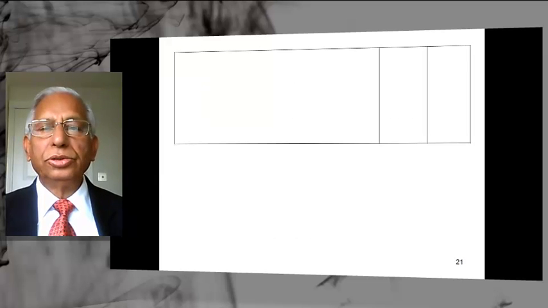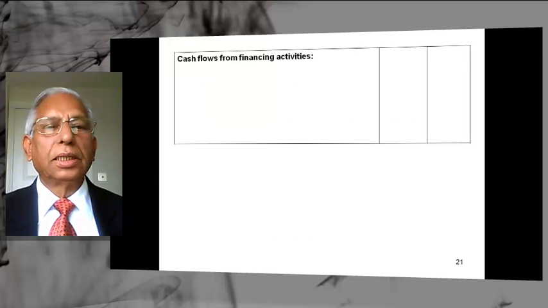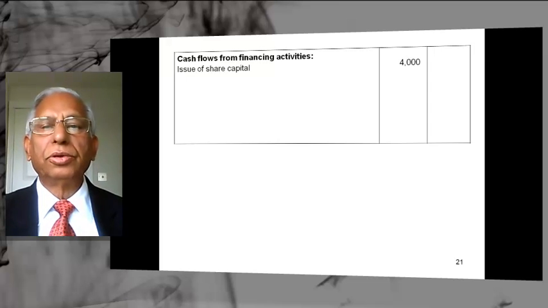Now you see the third segment, cash flows from financing activities. Issue of share capital, 4,000 rupees. All these figures we have got by comparing items given in the balance sheet in the beginning and at the end, or year 1 and year 2. If share capital increases, that is an inflow.